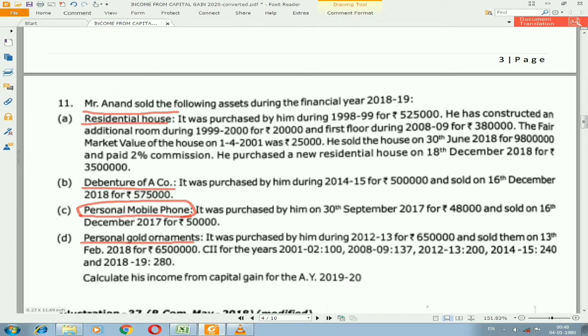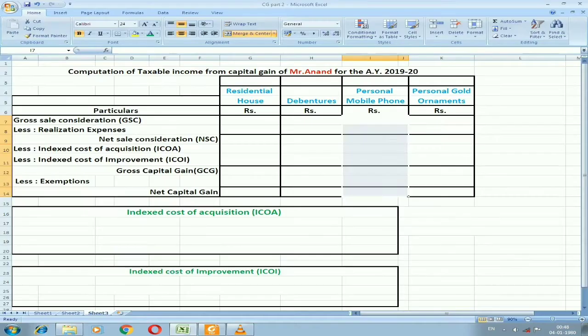Gold is also movable property used for personal use, but it is not exempted, as gold, diamonds and also silver are excluded. So here gold will come under that category. That is the reason it will be considered for calculation. But the mobile phone does not come under that category, so it will be exempted. A mobile phone which is used for personal use can move from one place to another place.